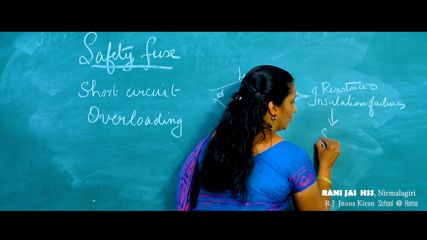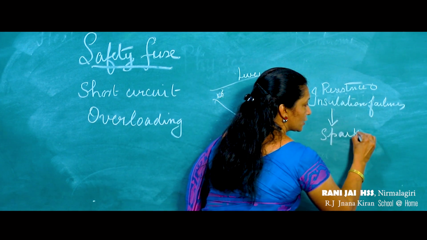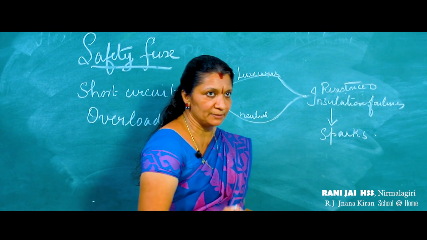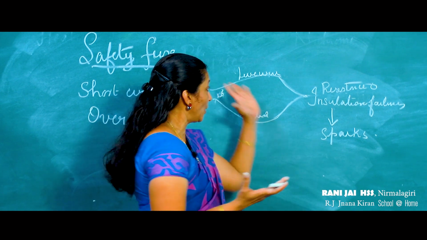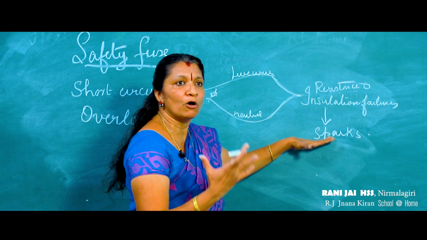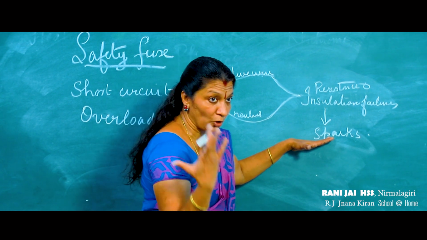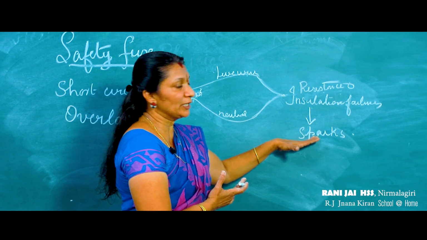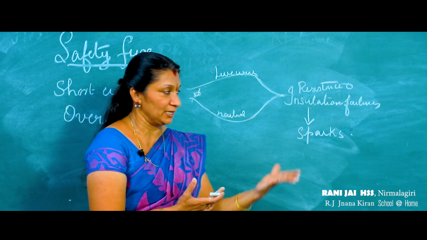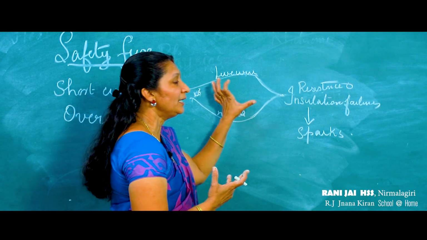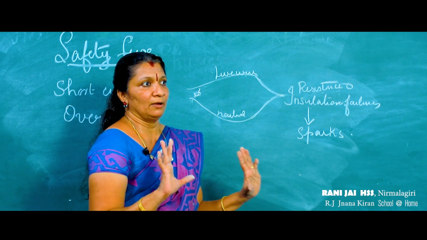So automatically sparks will be produced. Due to those sparks, in a building where you have many wires like this, the sparks may cause damage and set fire to the building. Understood? In some cases you would have seen, the next day you hear that a building was completely burnt off.